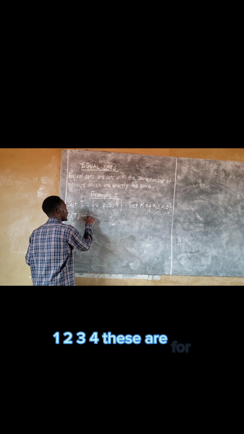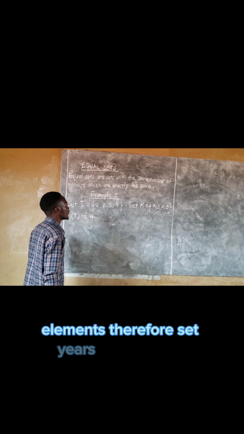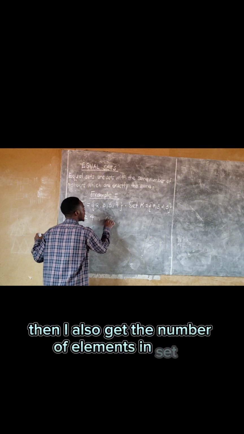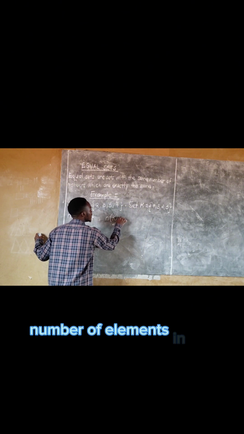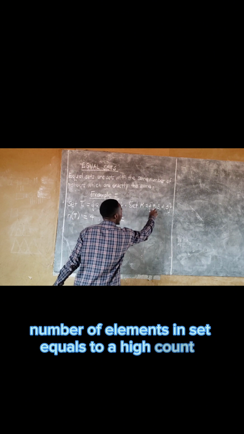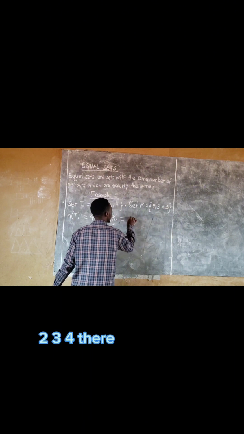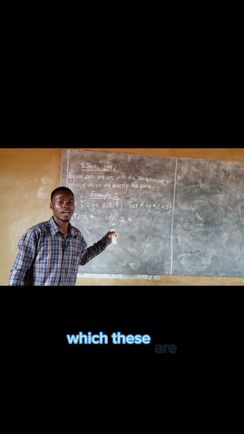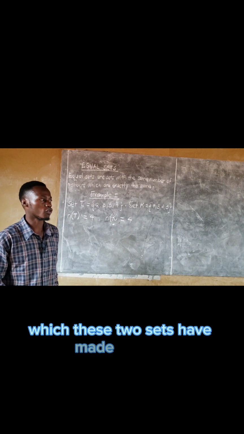These are 4 elements. Therefore, set T has 4 elements. Then I also get the number of elements in set K. Counting: 1, 2, 3, 4. They are also 4. That is one requirement which these two sets have met already.